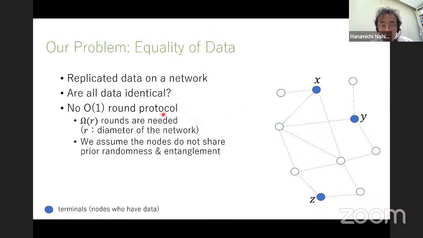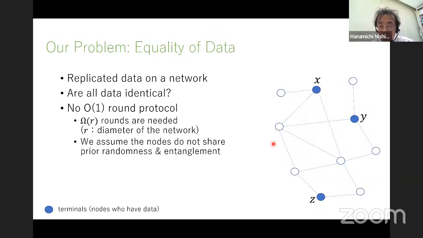This is a difficult problem for distributed computing, which means that we need Omega(R) rounds to compute this problem. Here, R is the diameter of the network, the maximum distance of two terminals. Of course, in one round you can send a message to a neighbor.